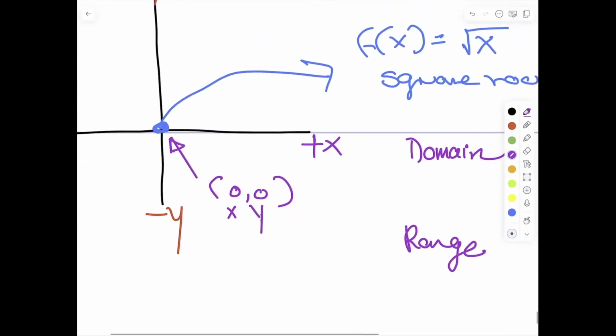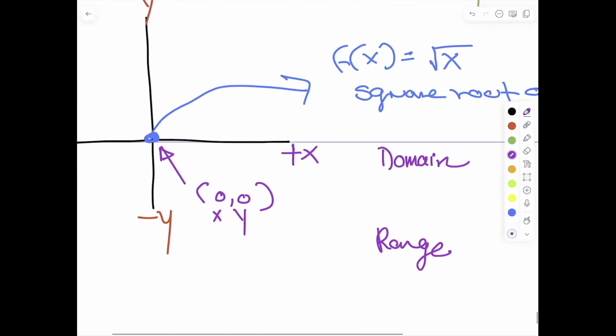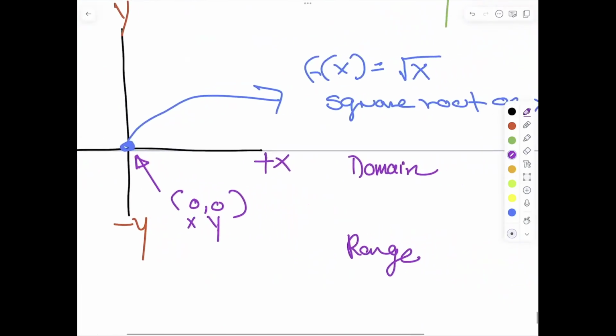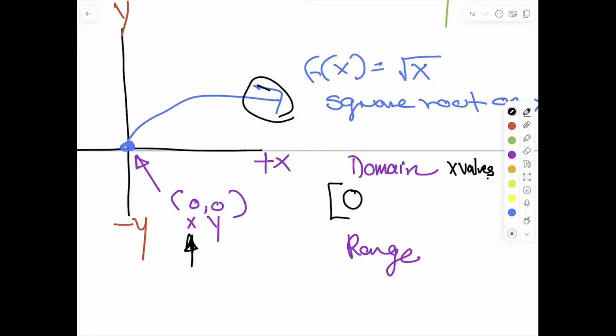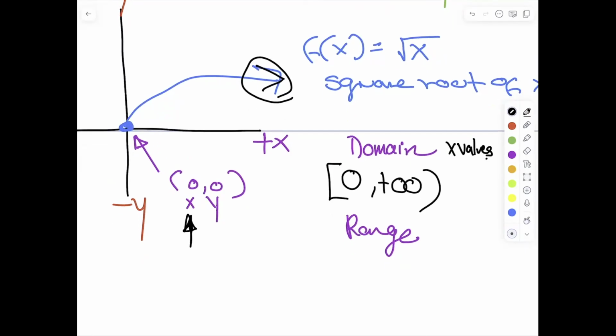What do you guys think? What do you think my domain is? Domain is x values. What is the first x value I have? 0. And that's going to be a bracket because it's solid. And where is this arrow going? Infinity. Infinity, correct. And y values are going up, right? So this is not only going to the right, this is also going up.